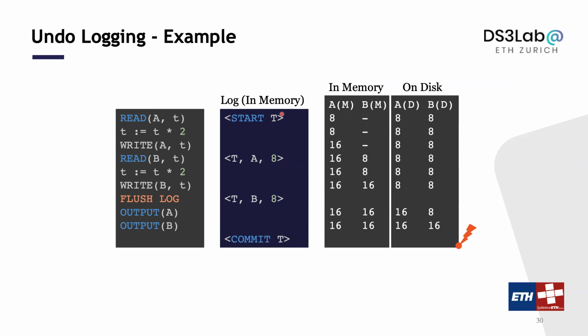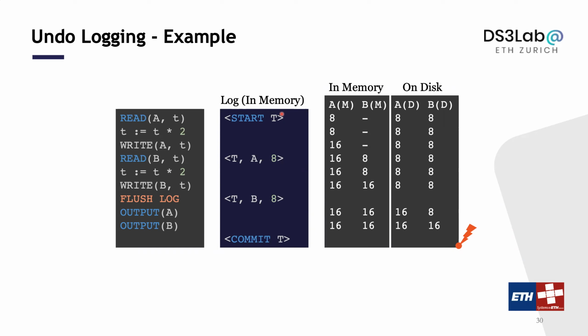So what if the system crashes here? This is a point where you say, okay, I am almost done. All the changes are there. The changes are already reflected. I put a commit record in my log file, but just before I try to flush my log, the system crashes. In this case, when you reopen your system, what do you have?